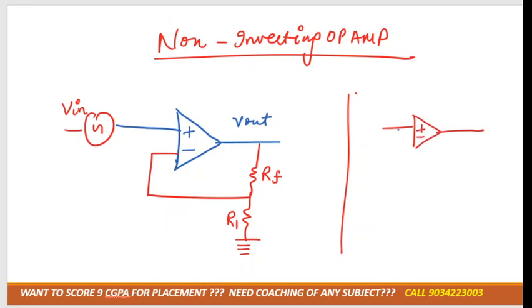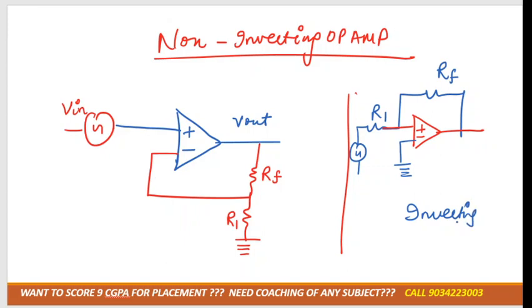Then a feedback resistance is connected to the negative terminal because that was inverting, and in this we provide R1 here, right, and we provide the V1 supply here, and the positive one is grounded. So this is the diagram for the inverting amplifier. Clear? And this is the diagram for the non-inverting amplifier.